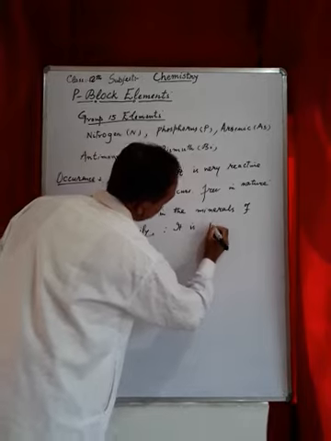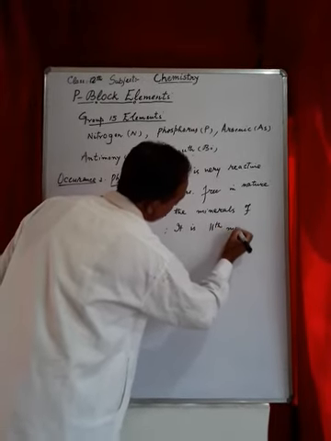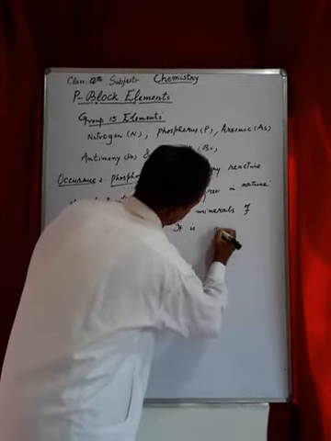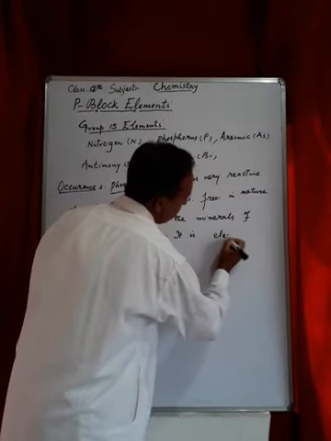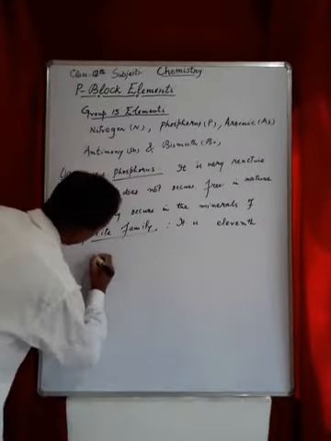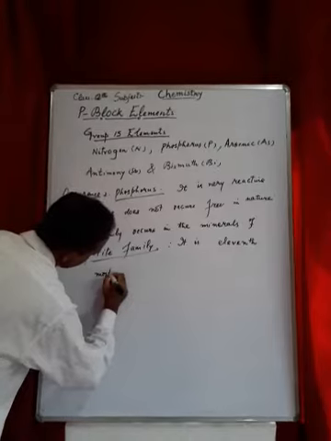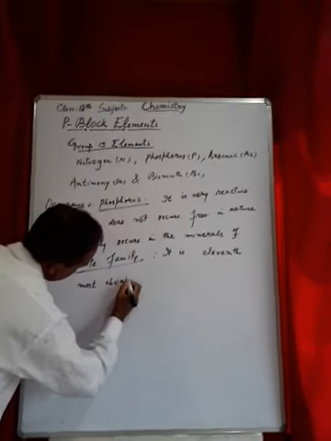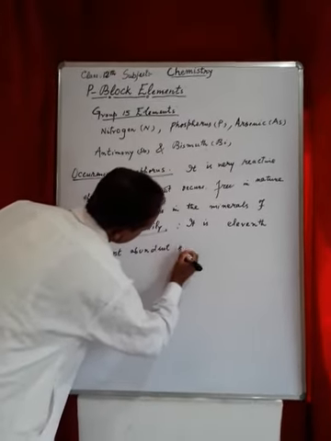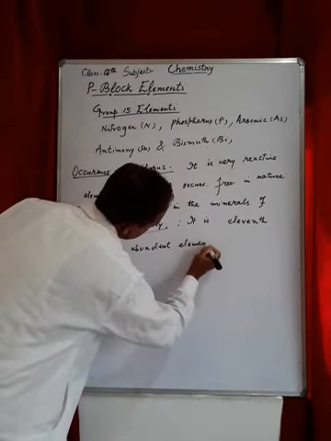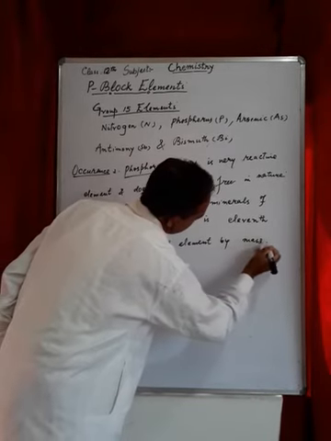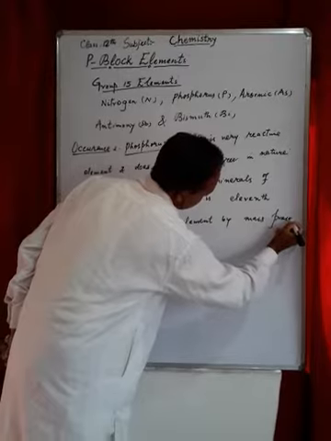It is the 11th most abundant element by mass present in Earth's crust.